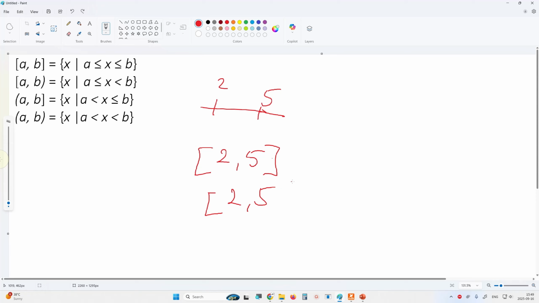Another way to write that is like this. You have most likely seen this also, but in the book they refer to it this way. So if you see it this way, I want you to understand that 5 is not part of the elements here.